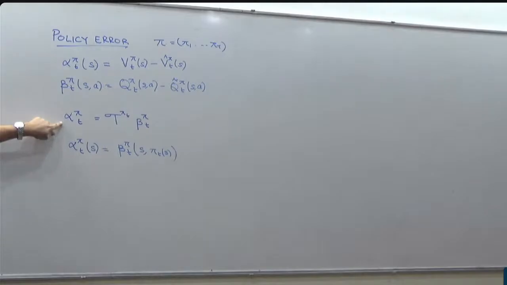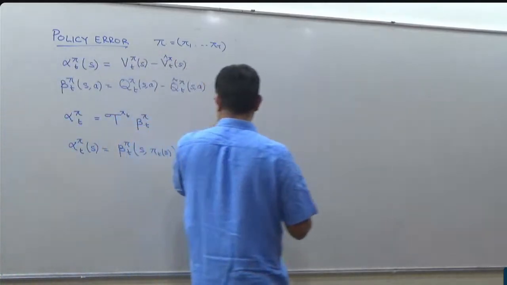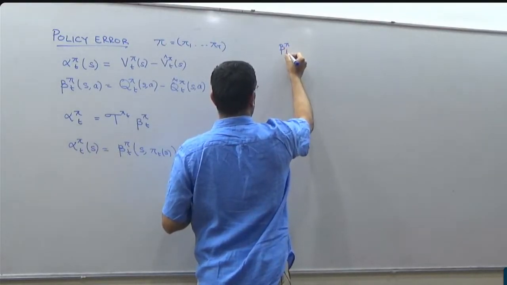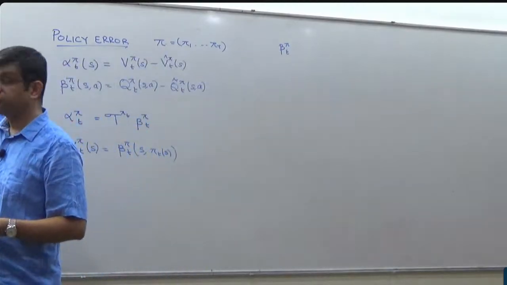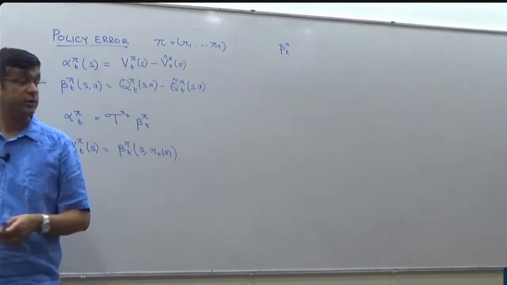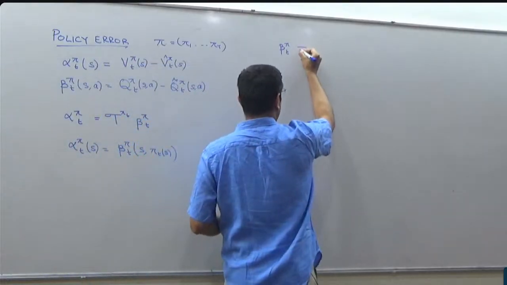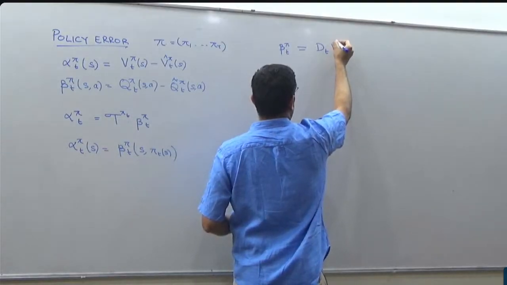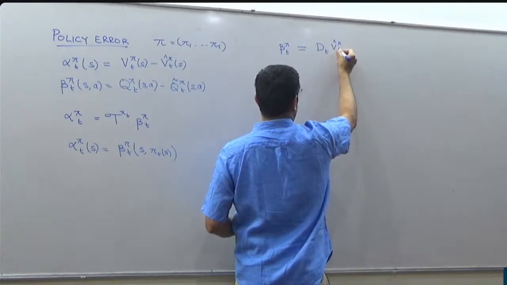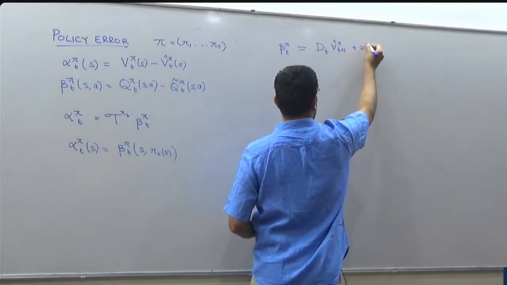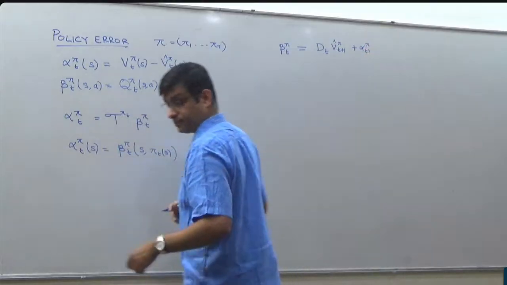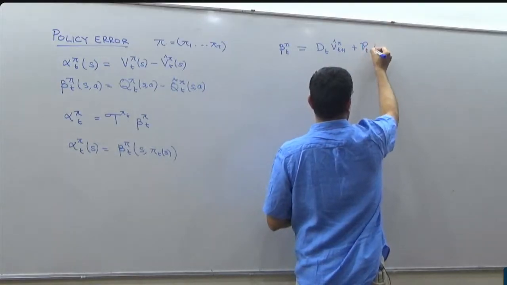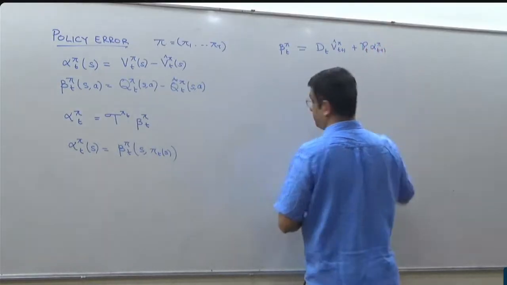Okay? And now I'll write the proof here first and then we'll write the statement. Also notice that beta pi_t, which is this object from what I did in the one-step error, should be equal to the mismatch operator applied to v hat pi_t plus 1, plus the dynamics of alpha pi_t plus 1.